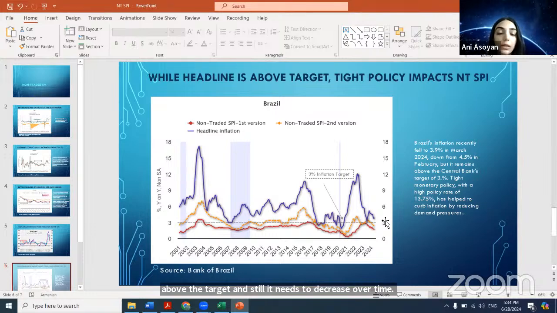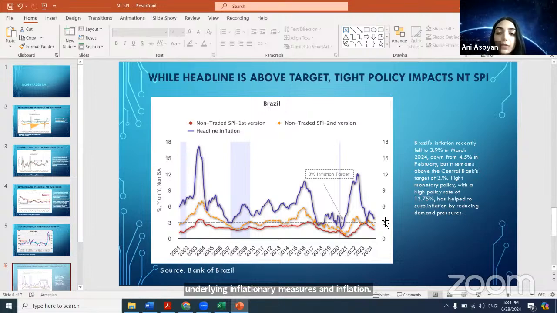If we look at Brazil's central bank's monetary policy decisions, we can see that they have conducted a tight monetary policy after the COVID pandemic for more than 2 years. They believe that this tightening for an extended period has had its consequence on the underlying inflationary measures and inflation expectations as well.